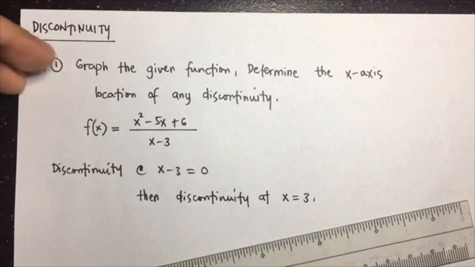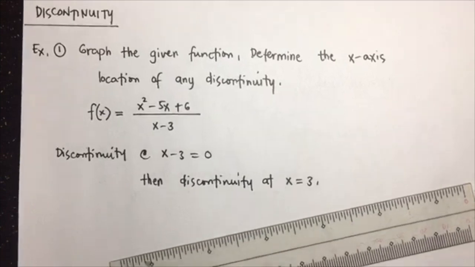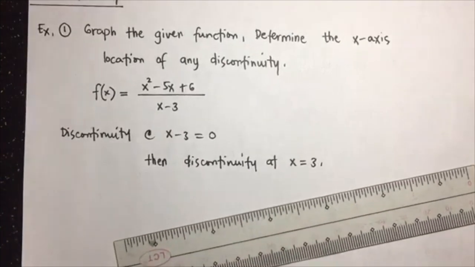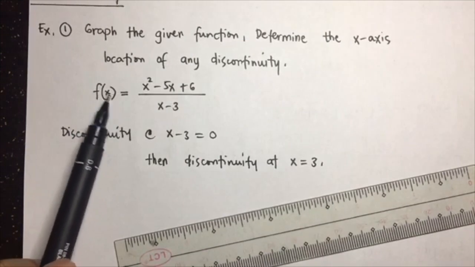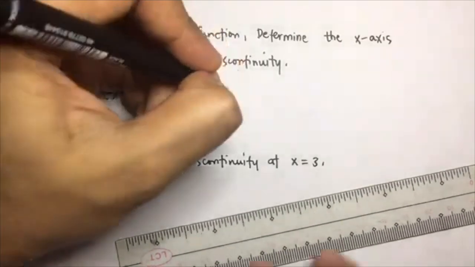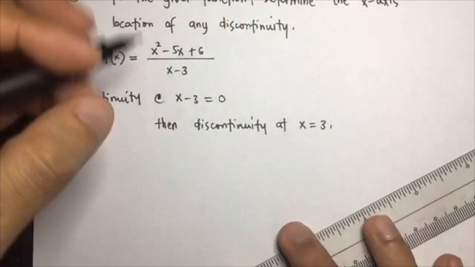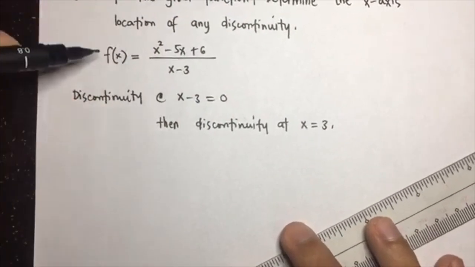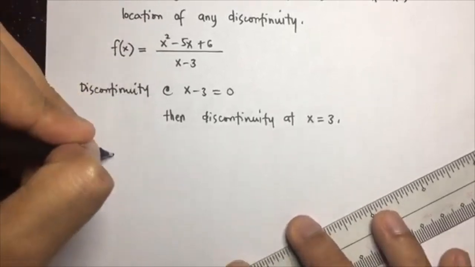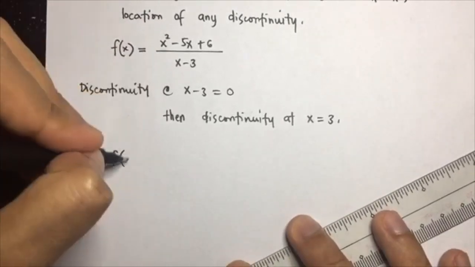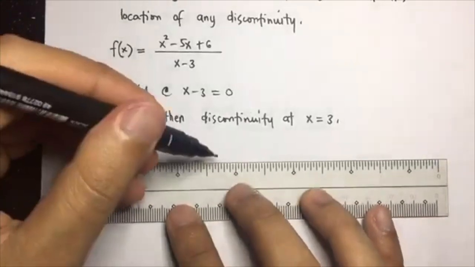Okay, so in graphing this, as you can observe, we can simplify the function. If we evaluate its limit, then we can get a value for the limit. So let's have f of 3.